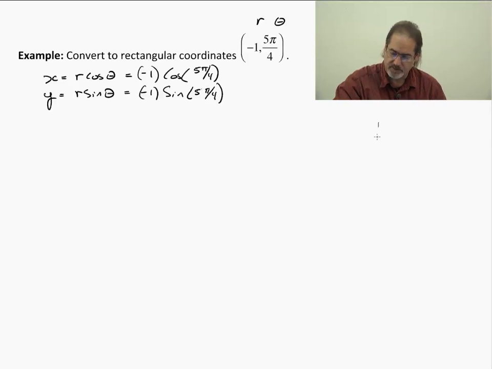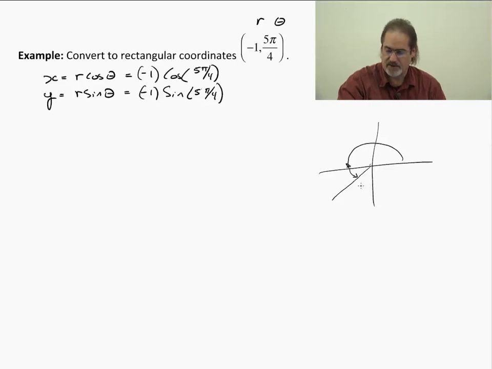Well, where's 5 pi over 4? Well, let's see. 4 goes into 5 once, so I know that's a full pi. And then there's a quarter pi left over. So this is 5 pi over 4. So I'm in the third quadrant, so I know cosine is going to be negative.